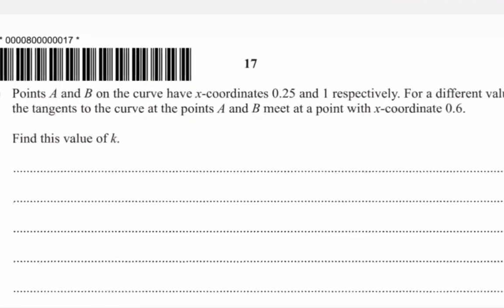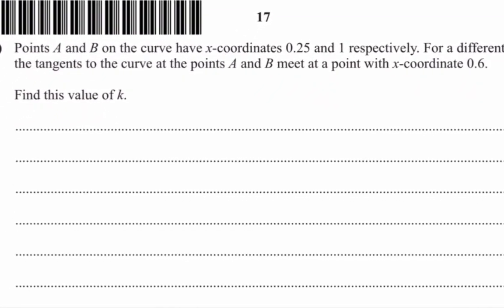And for the last question, points A and B on the curve have x coordinates 0.25 and 1 respectively, and says for a different value of k, the tangents to the curve at points A and B meet at a point with x coordinate 0.6, then it says find the value of k.